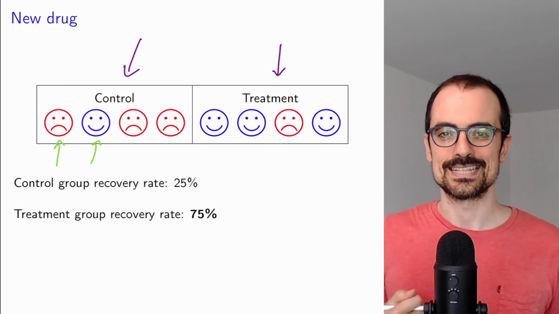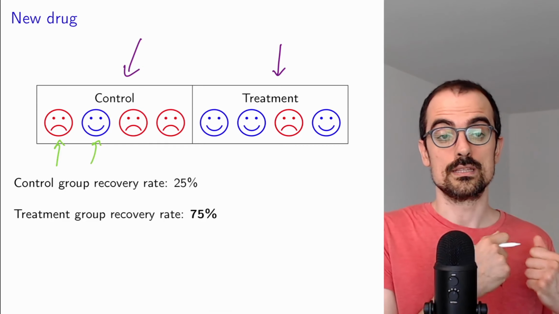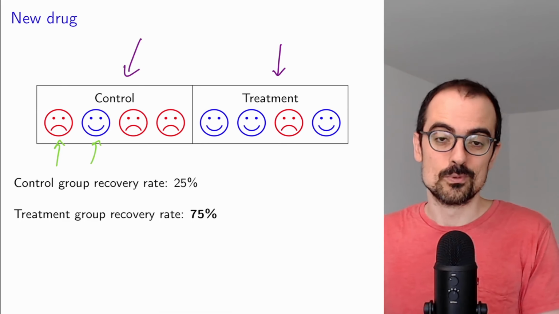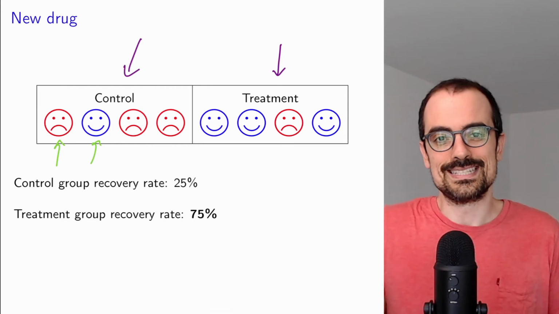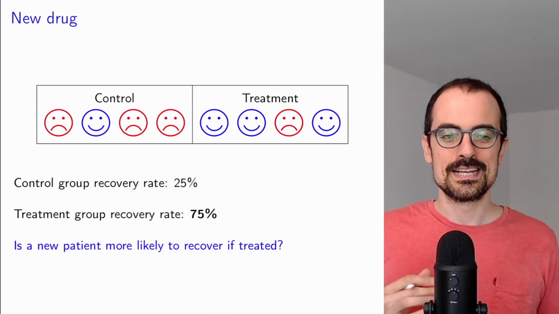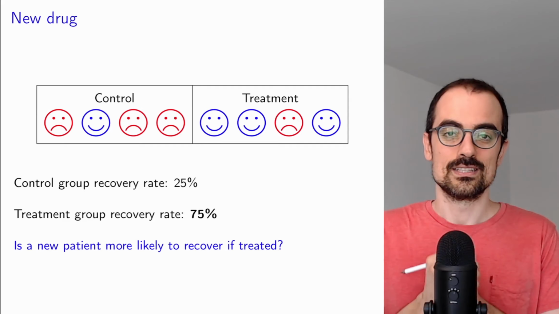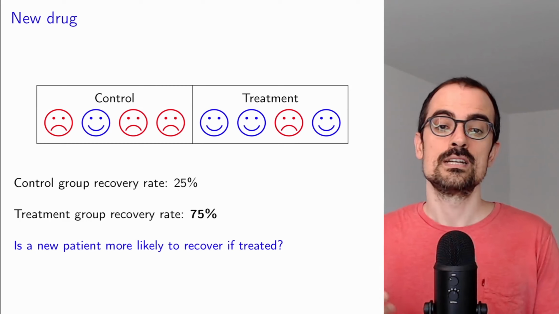Those are the sad red faces. 25% of the people in the control group recover, and 75%, 3 times more, of the people in the treatment group recover. So it may seem that the medicine is working, but we will see that that is not necessarily the case.